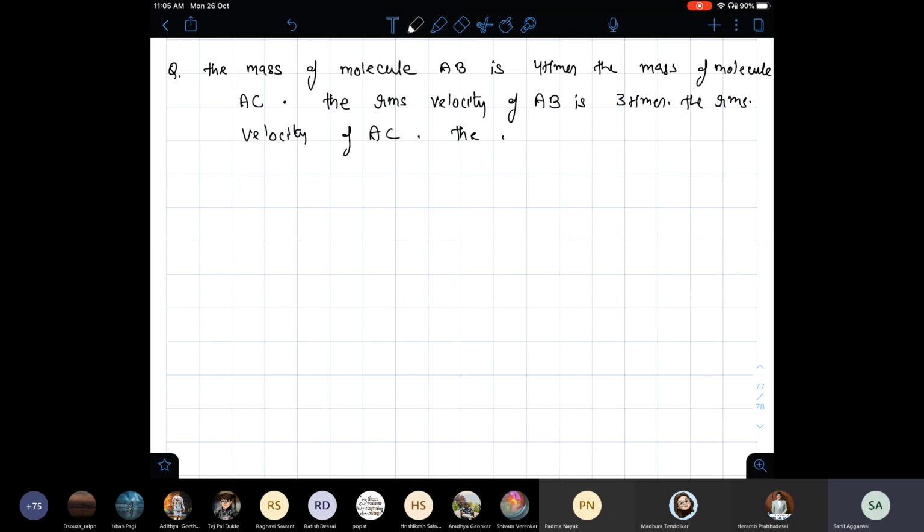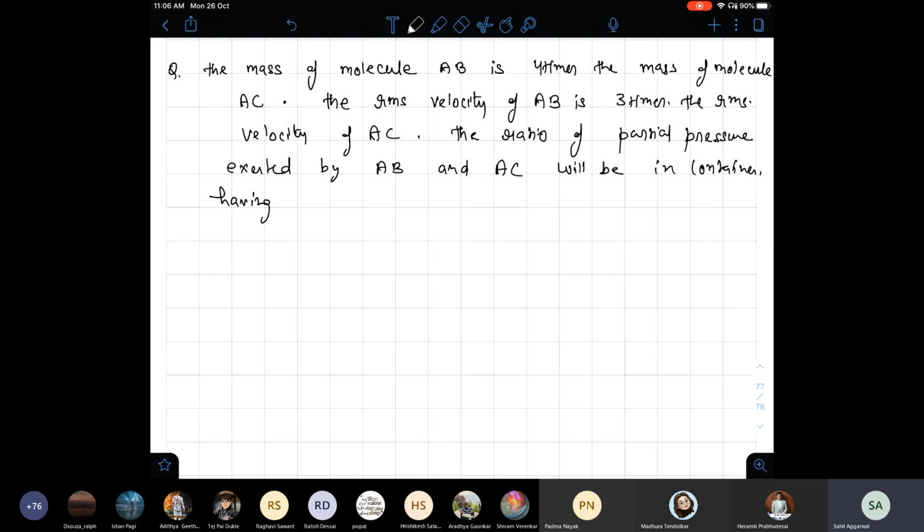The ratio of partial pressure exerted by AB and AC will be, in container having volume V and temperature T.